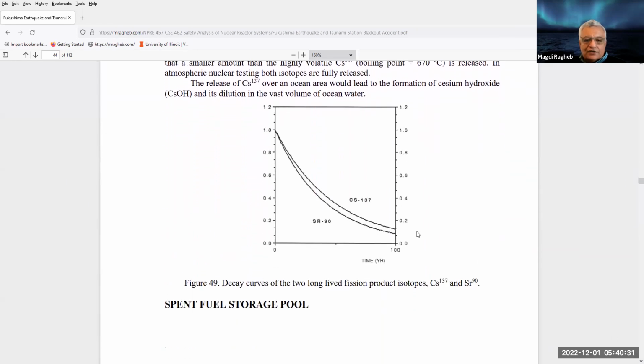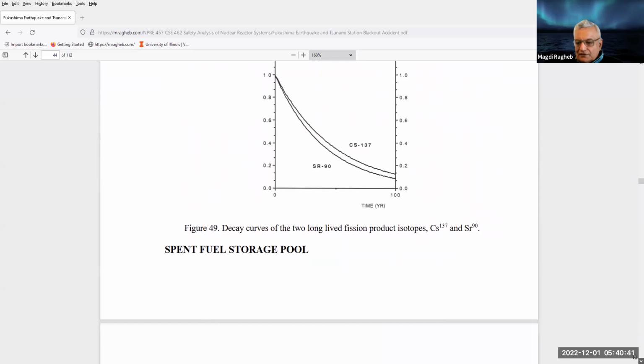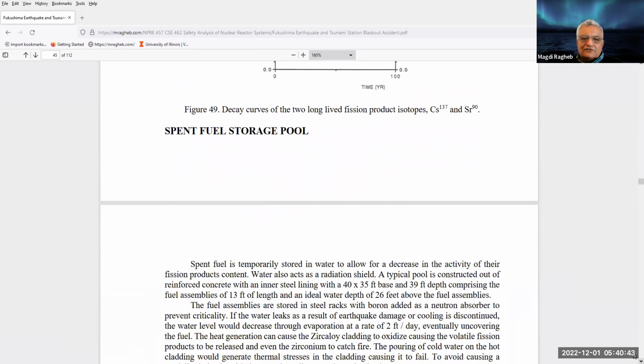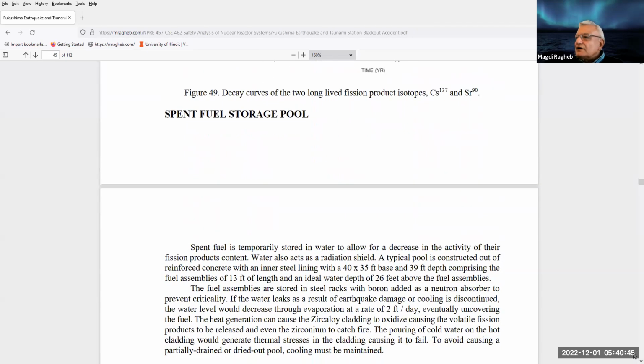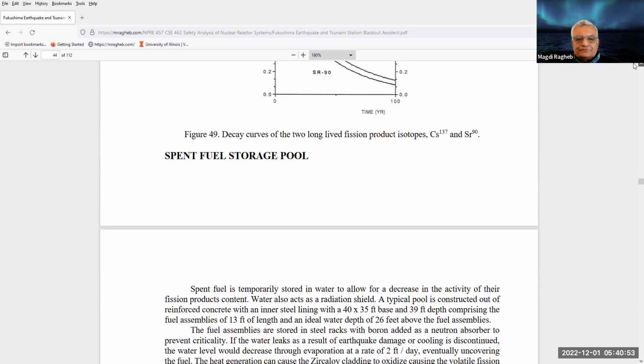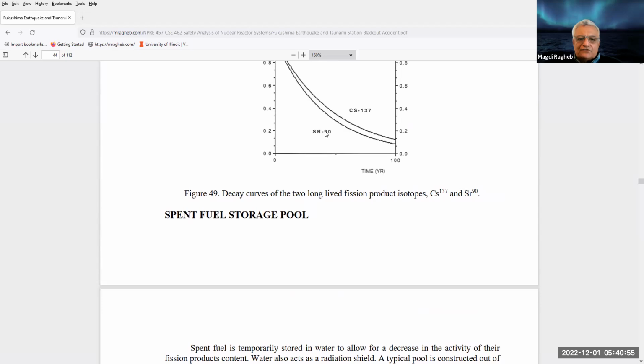So here I show you the decay graphs for strontium-90 and cesium-137. I'm not showing here the fact that cesium-137, like potassium-40, is eliminated from the body and is not as harmful, I would say, or risky, as the strontium-90 that seeks the bones and once in our body remains there.